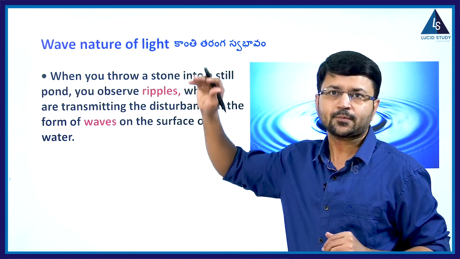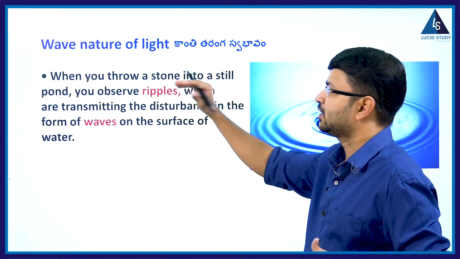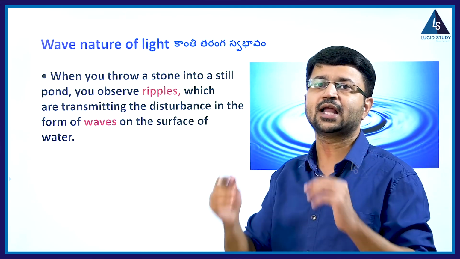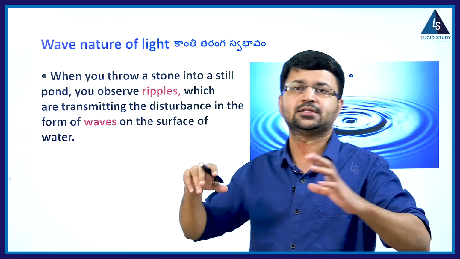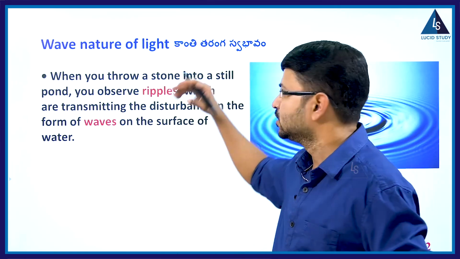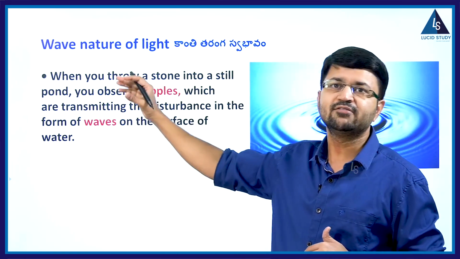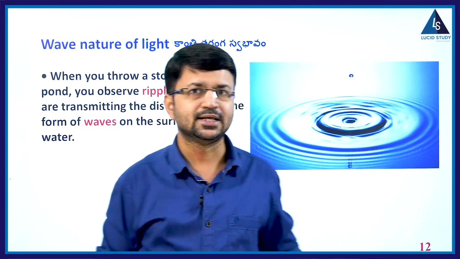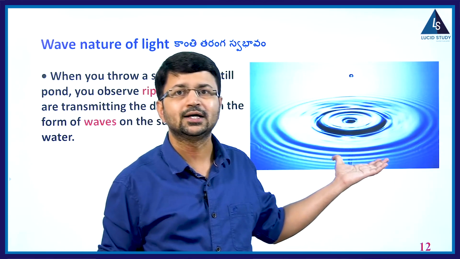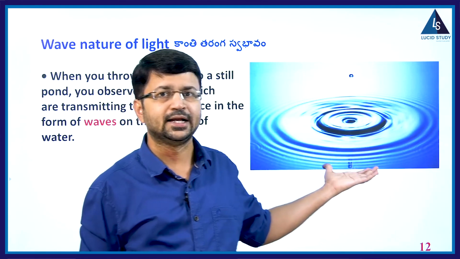Next, the wave nature of light. This light has dual properties: it has the particle nature as well as the wave nature. First let us discuss the wave nature of light. For example, there is water in a stagnant pond.